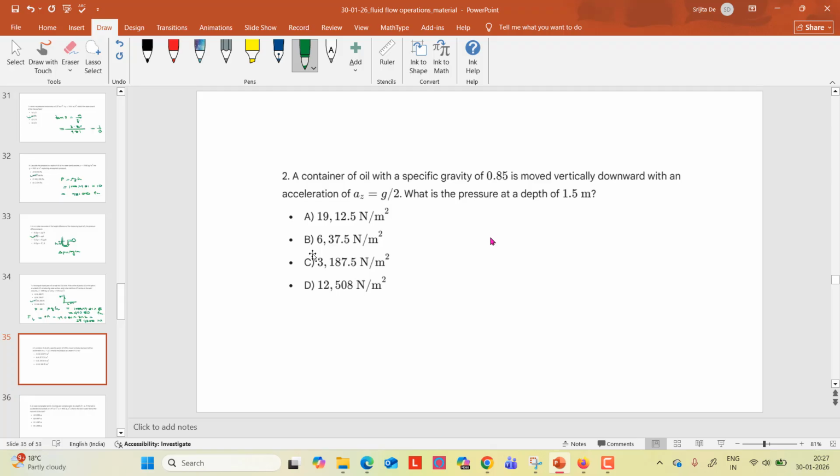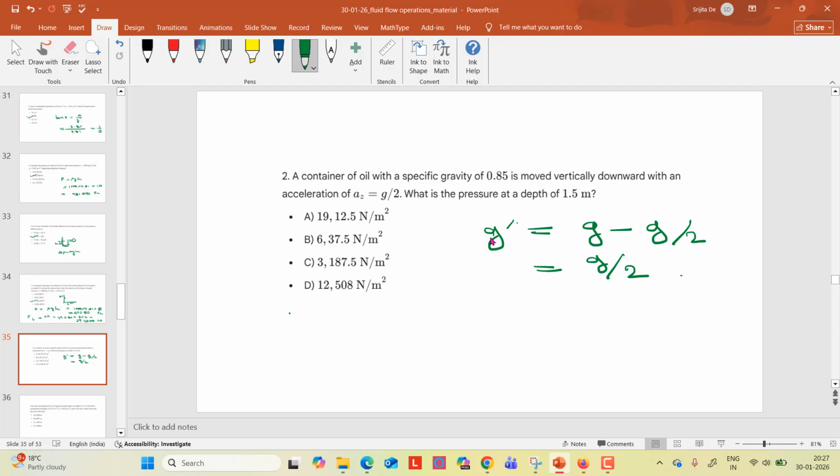So the oil is moving vertically downward. So the effective g will be g minus g by 2, so this is g by 2, right?